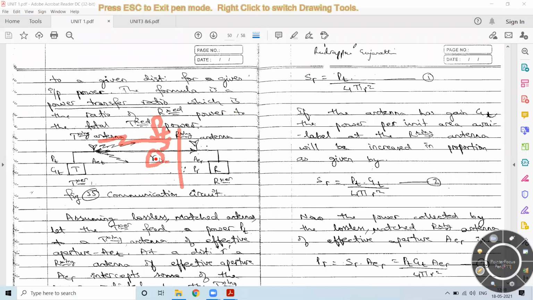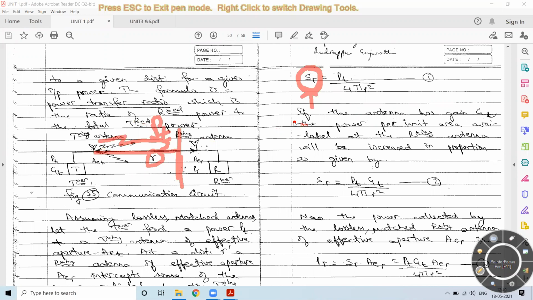Therefore, if I measure the power density at a distance r from the transmitting antenna, that value will be given by the pointing vector, or the power density, at a distance r from the transmitting antenna.